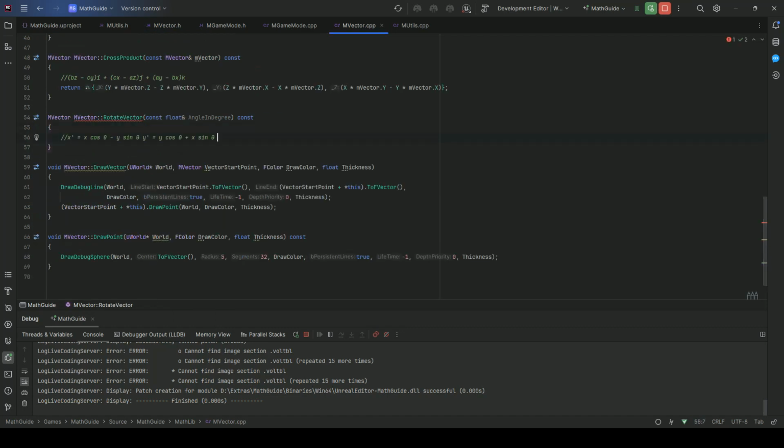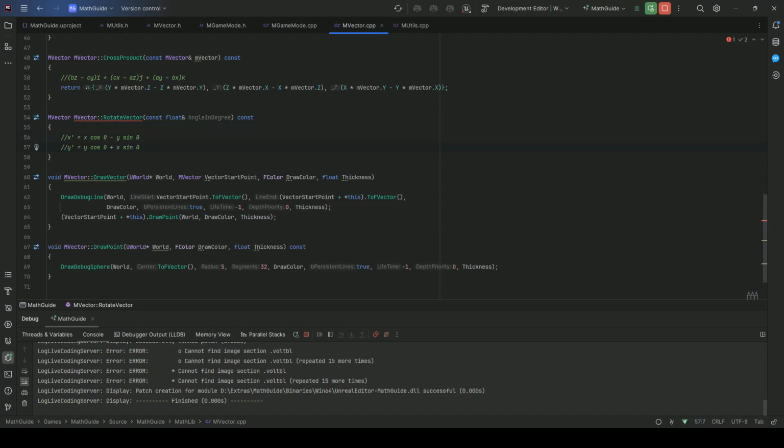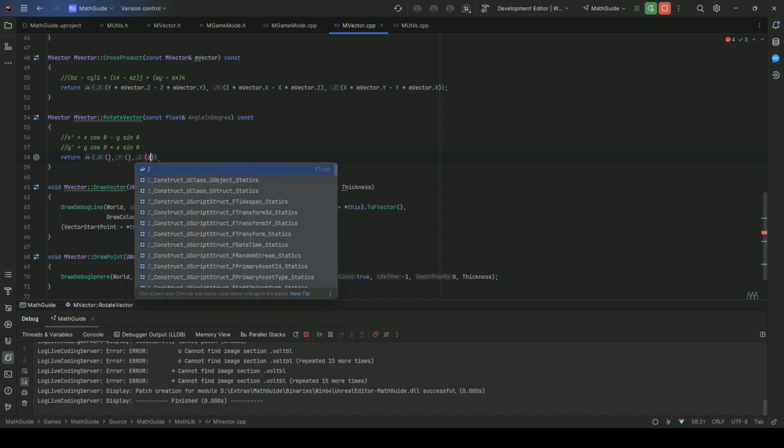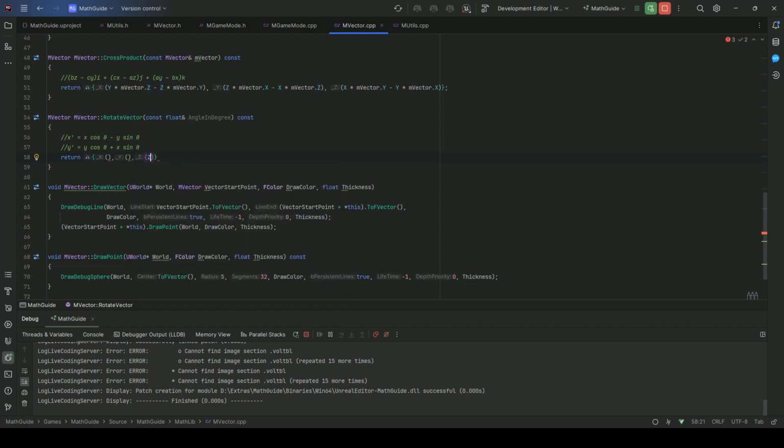I will put this comment so we'll have a clear picture. Okay, so the new vector will return a, b, c. I'm putting z, the same. We will talk about x and y because we are just considering the xy plane.